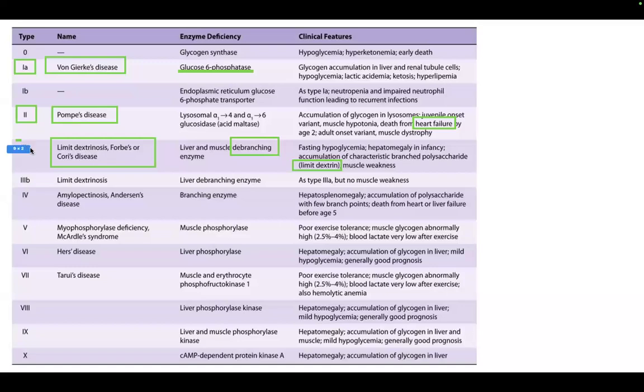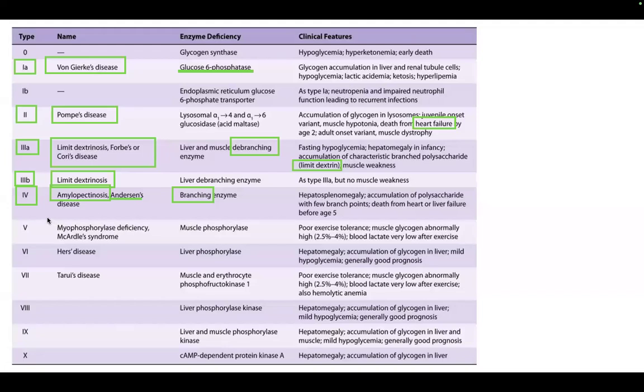That's type 3A. Type 3B is also known as limit dextrinosis. Type 4, which is Anderson's, is also known as amylopectinosis. Type 4, that is the branching enzyme.